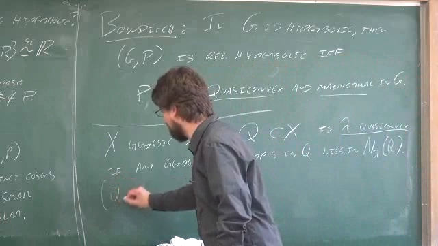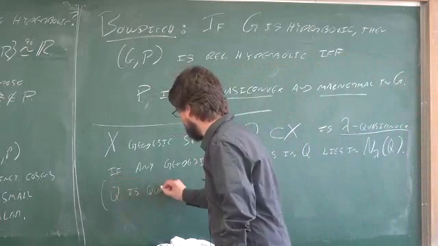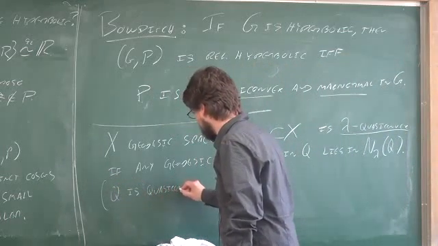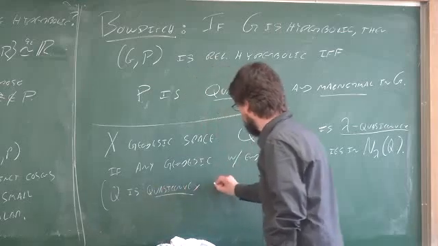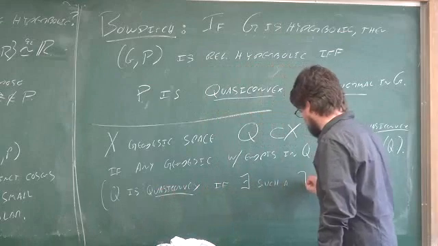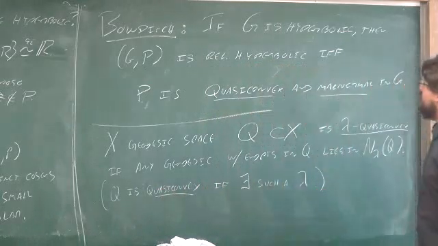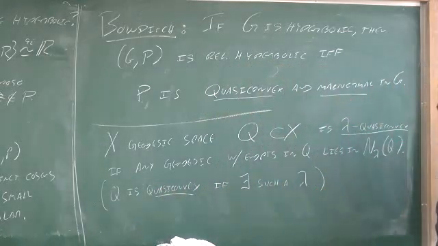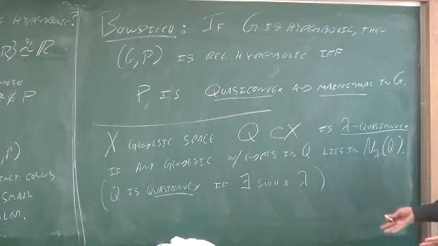So Q is quasi-convex if there exists such a lambda. Now, quasi-convexity in the group theoretic setting. G is hyperbolic, so it's a finitely generated group.